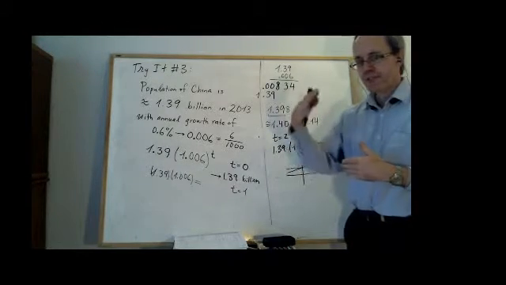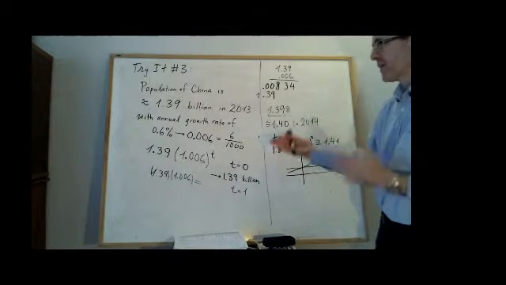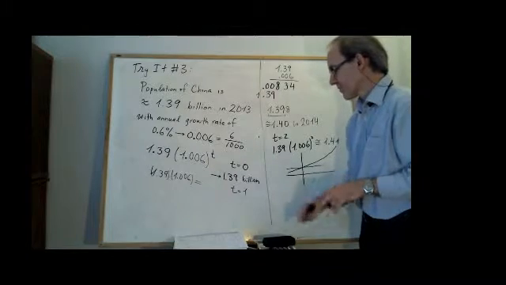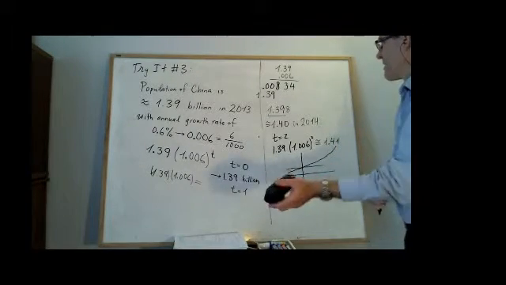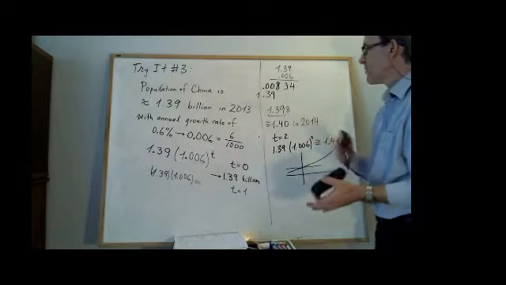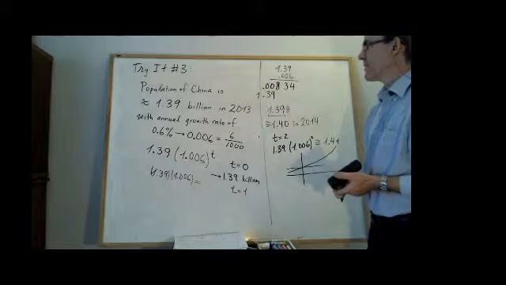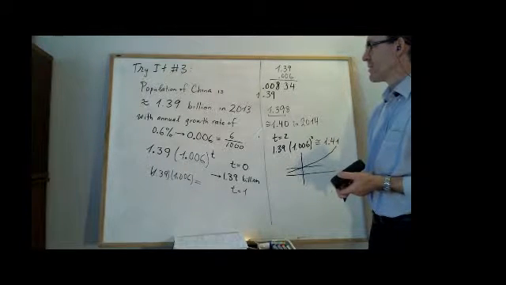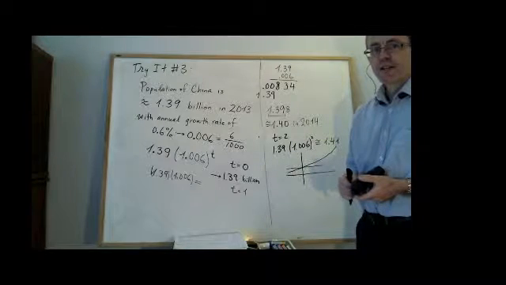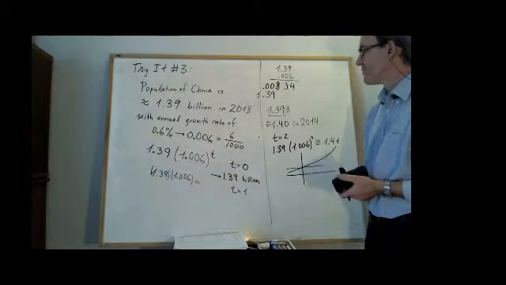So the population of India will eventually catch up to the population of China if it keeps going, if they both keep going at that rate, and will overtake it. And so, yeah, these models are good for certain periods of time, but of course they probably won't be appropriate for an extremely long time. They'd have to be modified with other factors.